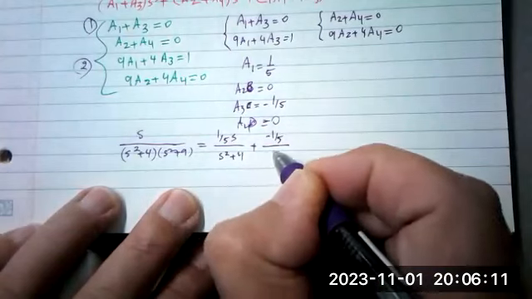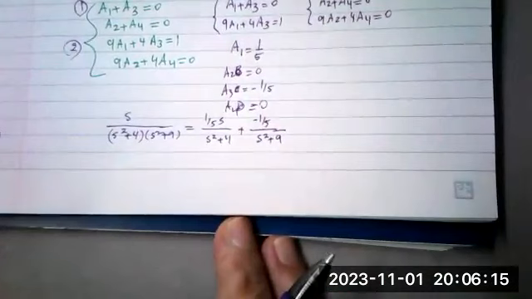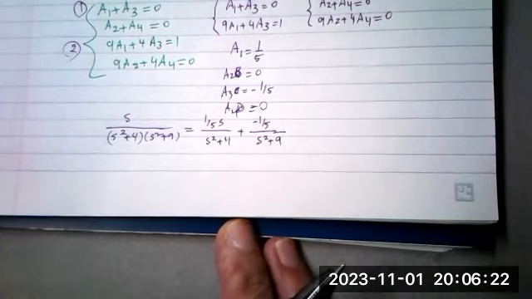That gives you s squared plus 9. So you nicely change it to this one. The first one is cosine, the second one is sine. And then you'll be able to do it.